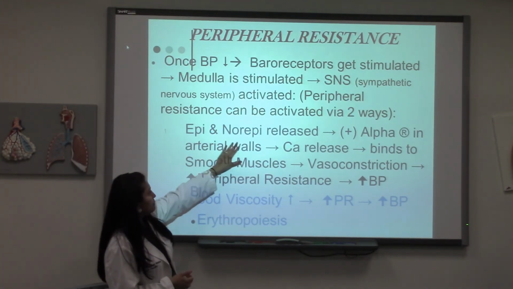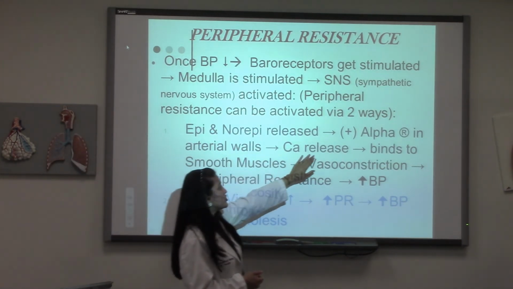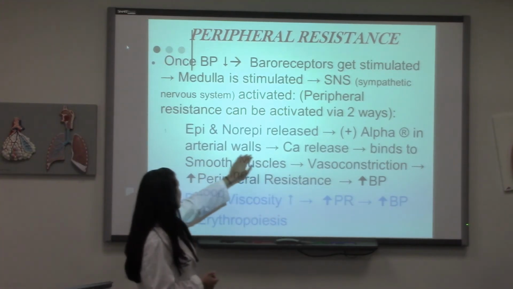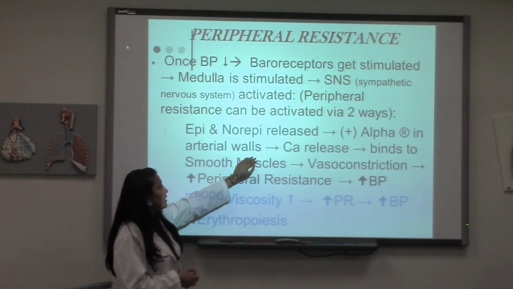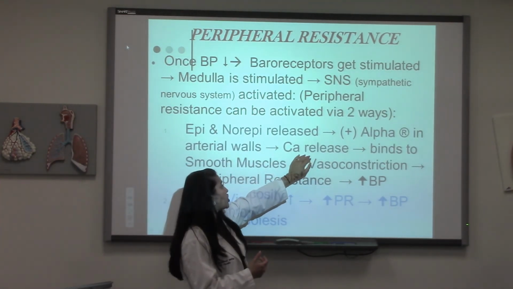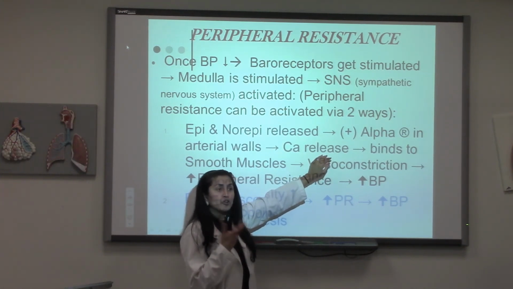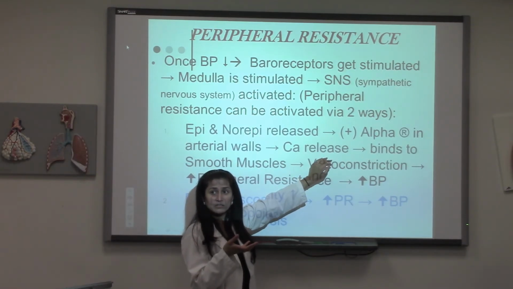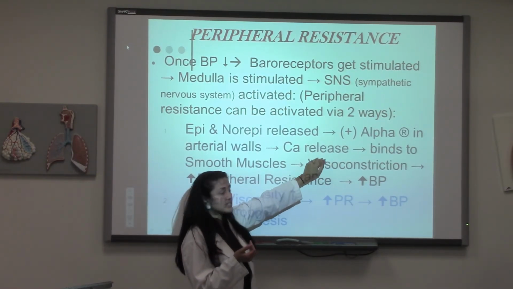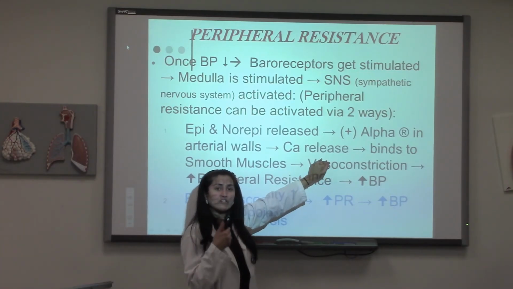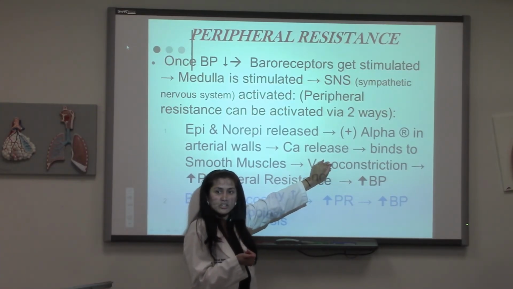So epinephrine and norepinephrine are released, which activates your alpha receptors in your arterial walls. The alpha receptors cause calcium to be released. Okay? Now, your vessels are smooth muscle, correct? So if calcium is released, what is the importance of calcium in smooth muscle contraction?